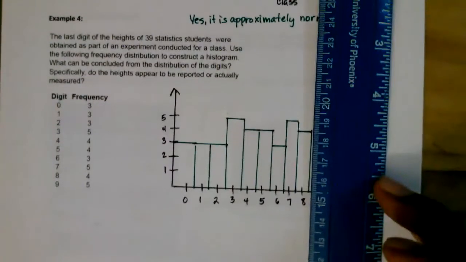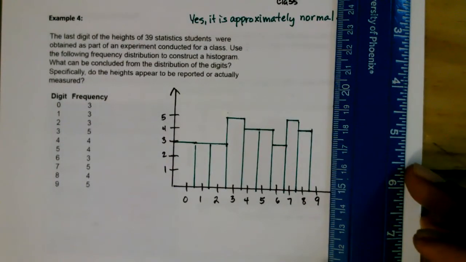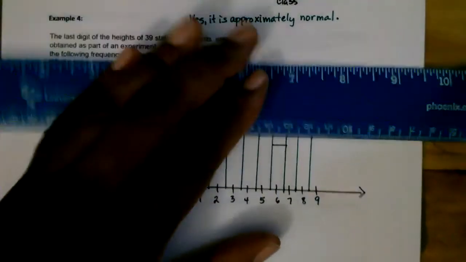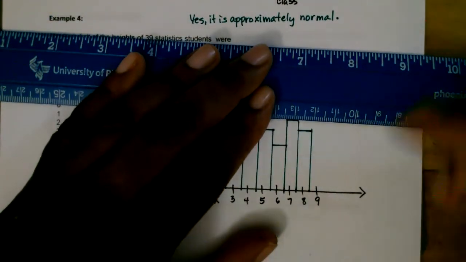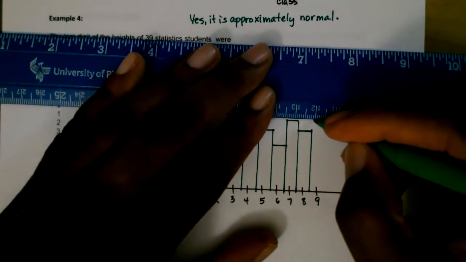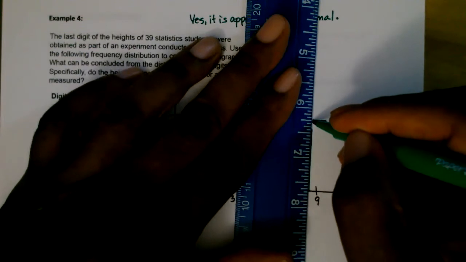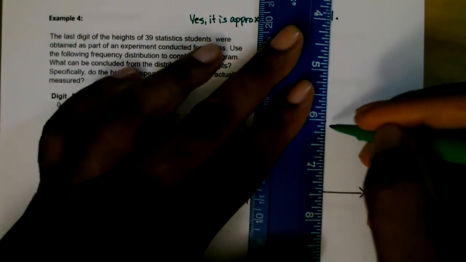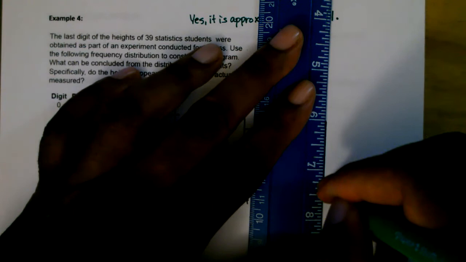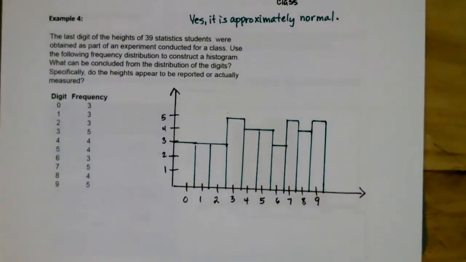And finally, for 9, the frequency is 5, the same height as 7. So there's your histogram for that frequency distribution.